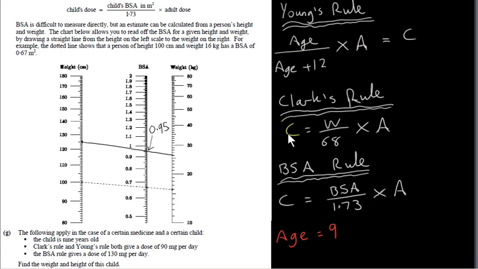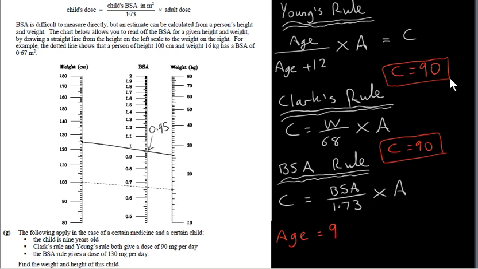These rules give C, the child's dose, and if we use both of these rules for this particular child, we find that C is 90 milligrams, for both Clark's rule and Young's rule.